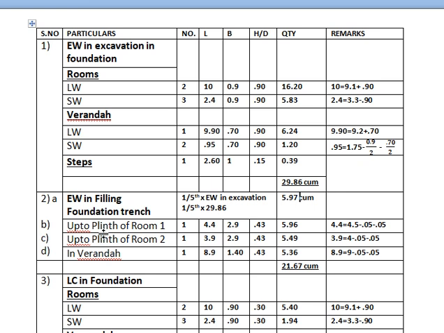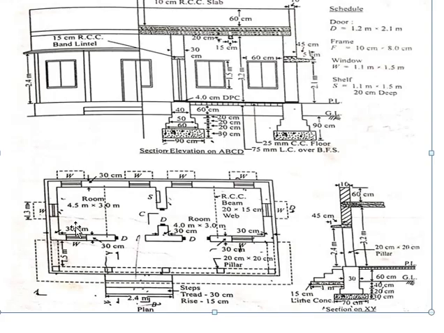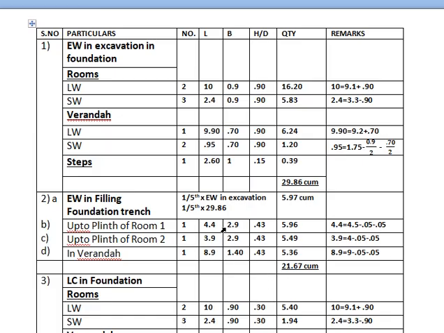Now talking about how much will be the quantity up to the plinth of room first and room second. The number will be 1 because we are taking both the rooms separately. Now talking about their length, as you can see, the length of room first is 4.5, but in our question we are taking it as 4.4 because we have to provide offsets on both sides.